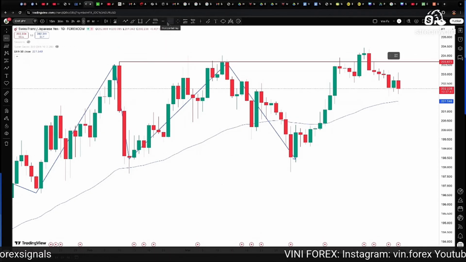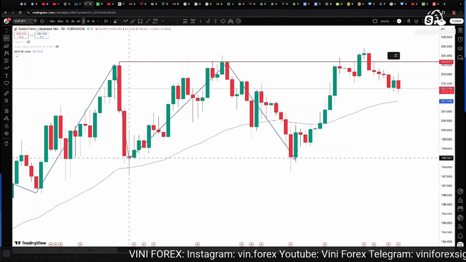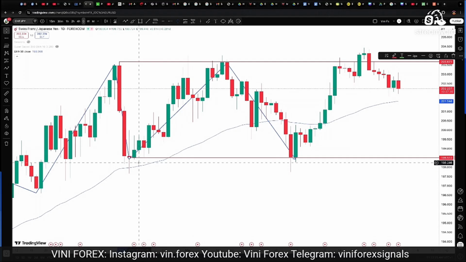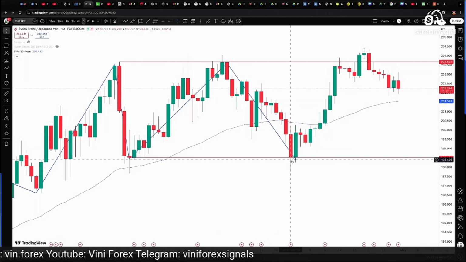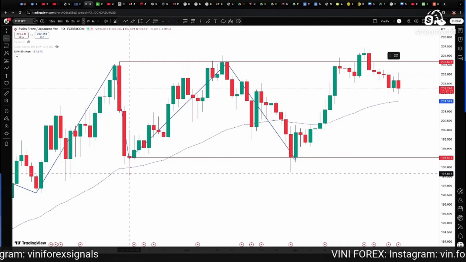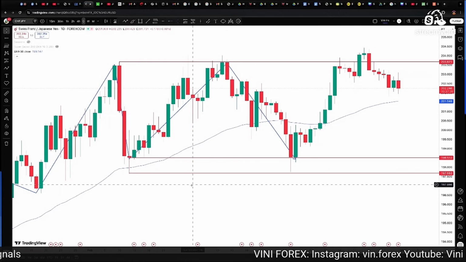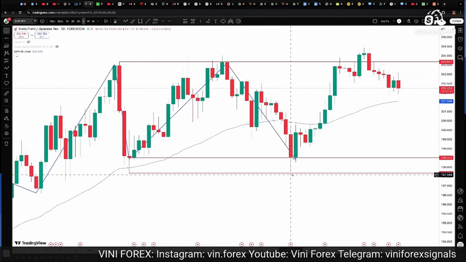Then come down again to the bottom. Use the body, they are equal, just as this one. If you use the wick, the wick just came to touch it a little bit.